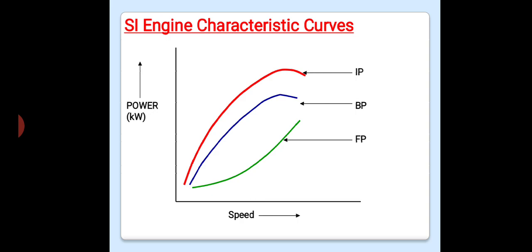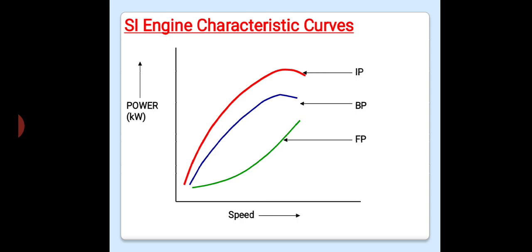Similar tests can be carried out at half load by changing the brake load to half of full load at the same speed. It can be observed that the indicated power increases with indicated mean effective pressure or the speed, or both of them increase.